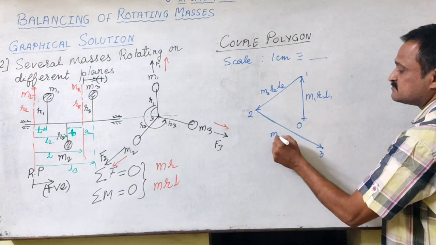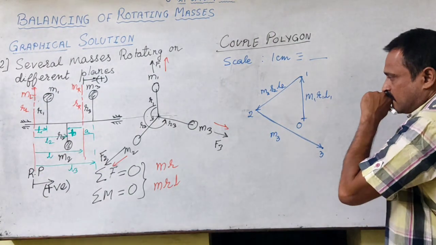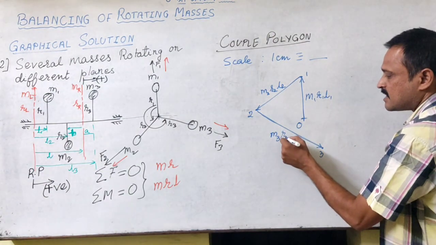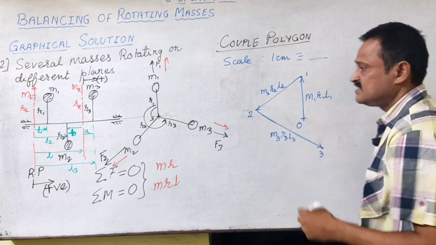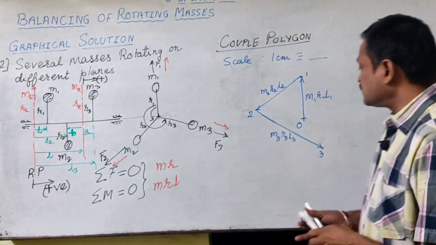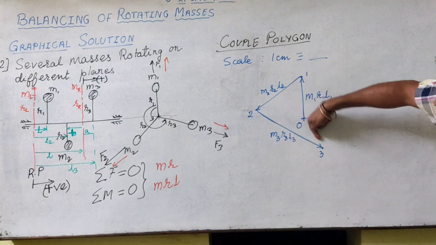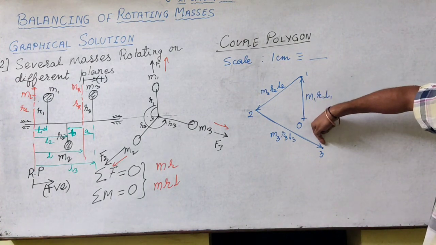So this is M3, R3, L3. So now I can say this is the resultant couple.